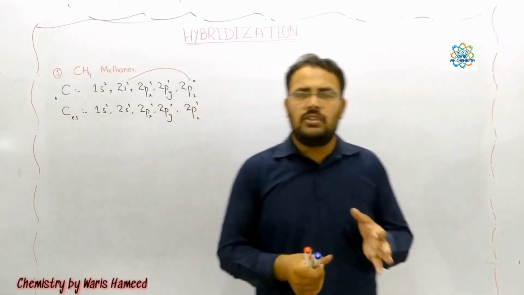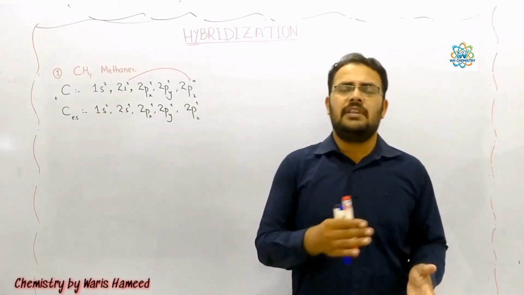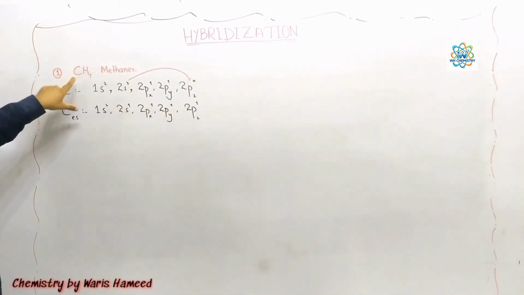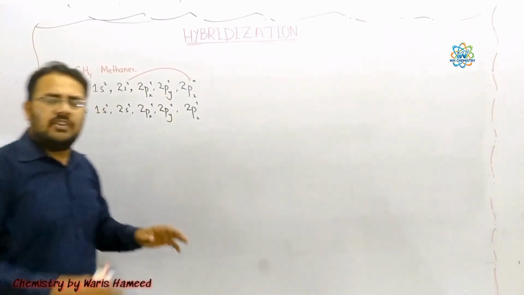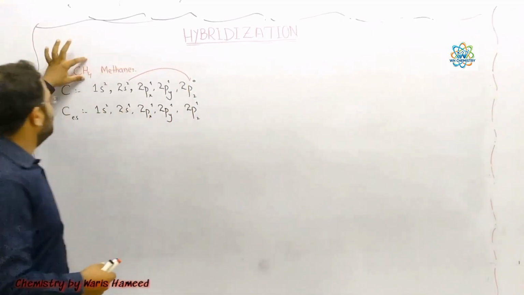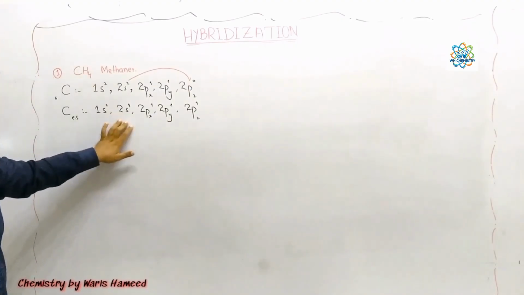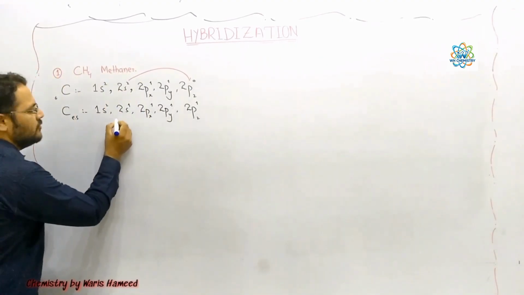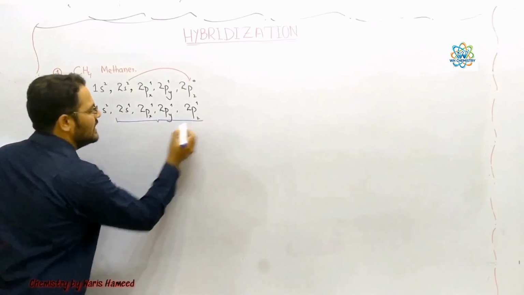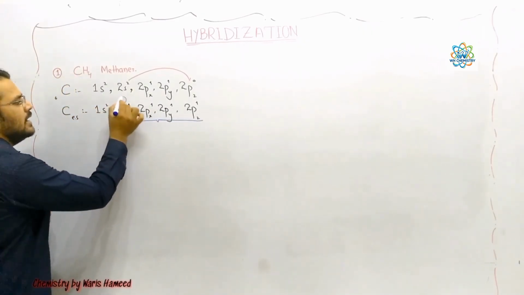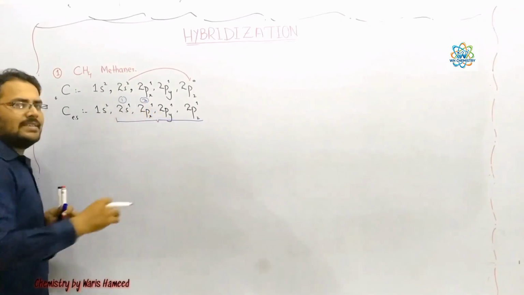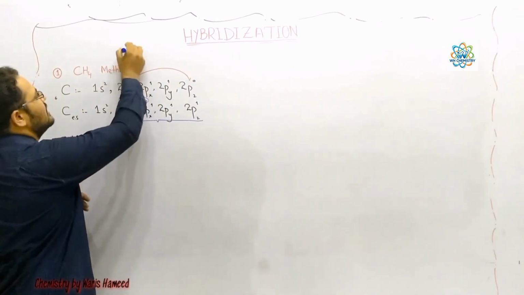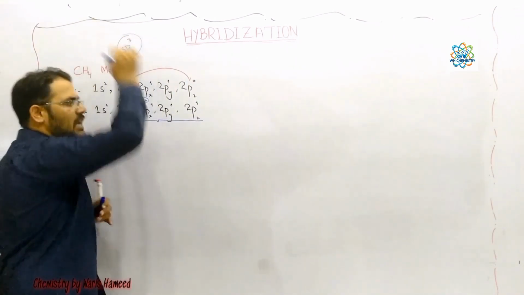Now we have to think about how many orbitals will take part in mixing. Just focus on the compound: carbon is bonded with 4 hydrogen atoms, so 4 atomic orbitals will intermix to form new hybrid orbitals. Here 1s and 3p's are intermixing, so it is sp3 hybridization.